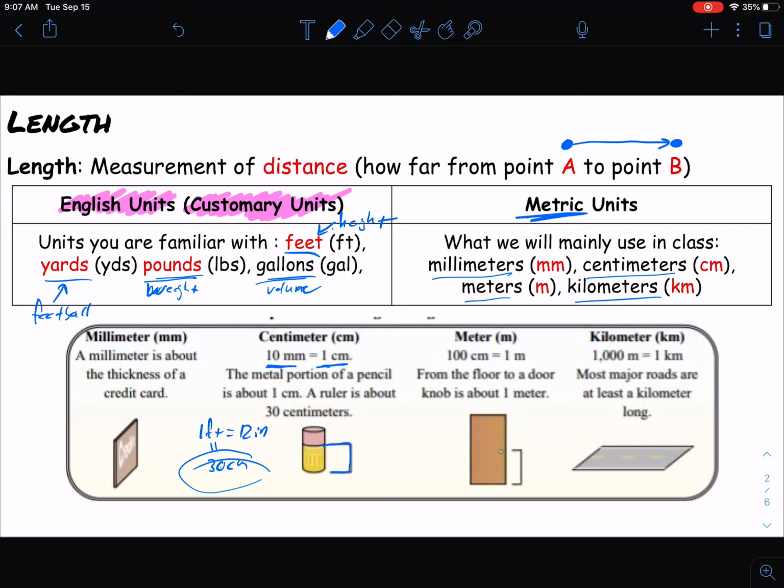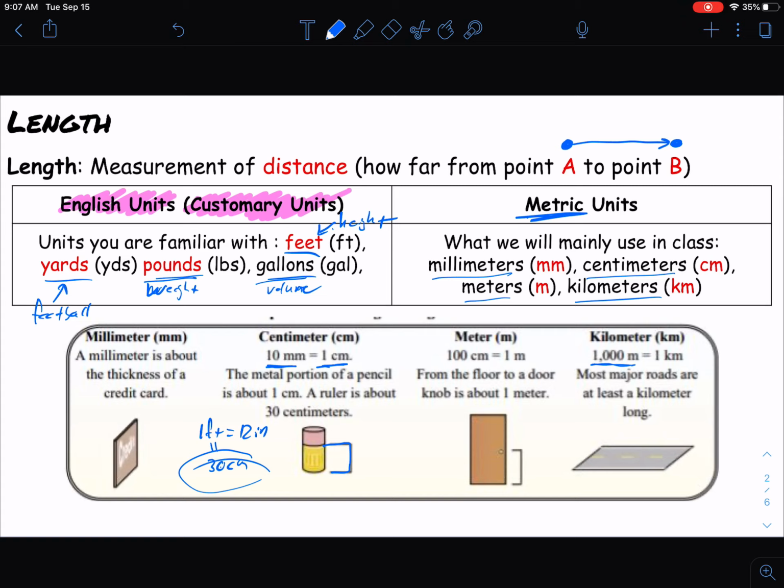And a kilometer is what most major roads are measured in, and they're at least a kilometer long. It's still hard to visualize a kilometer. A kilometer is going to be just short of 3 laps around the track, because each lap is 400 meters and a kilometer is 1,000 meters.